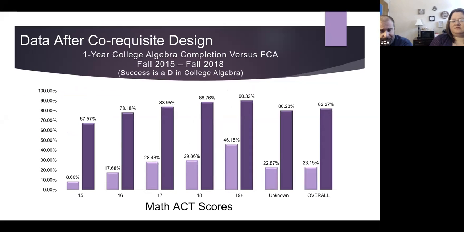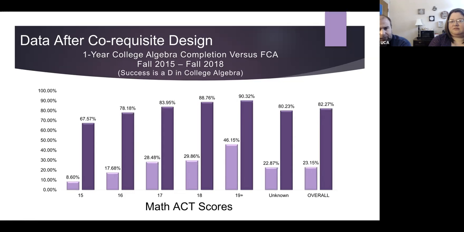And then just to give you a hook again about staying with us on what we've done, we'll give you our data on what our data was prior to Corequisites. We had by ACT score overall success rates in the 20s, and then after implementation of Corequisites, our success rates were in the 80s.